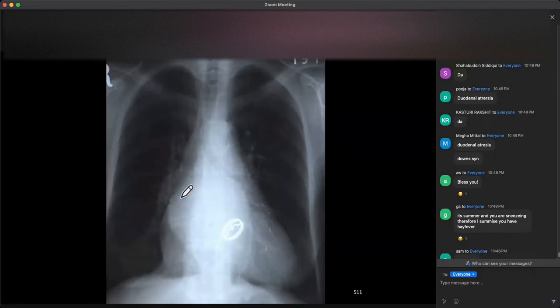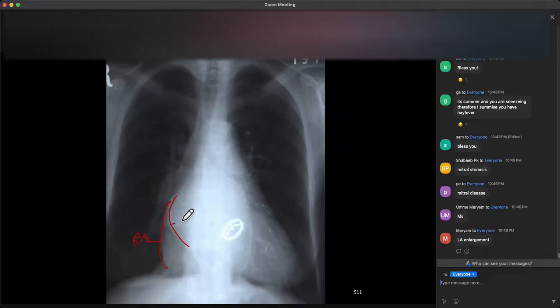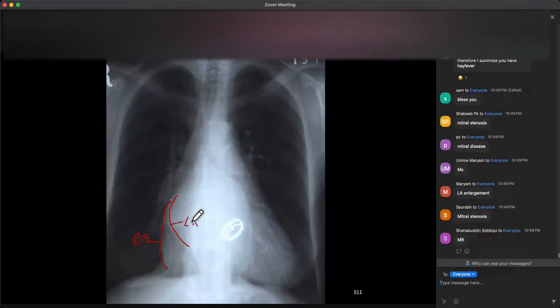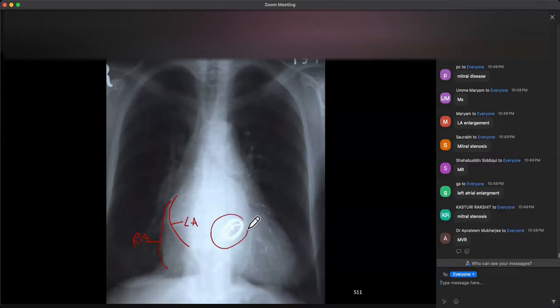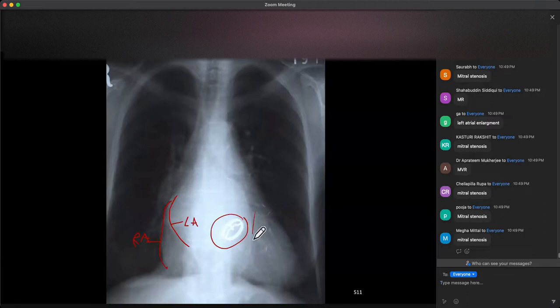Double right heart border. So there's the right atrium. There's the left atrium. Mitral valve replacement. This is coronary artery bypass graft, cardiomegaly.